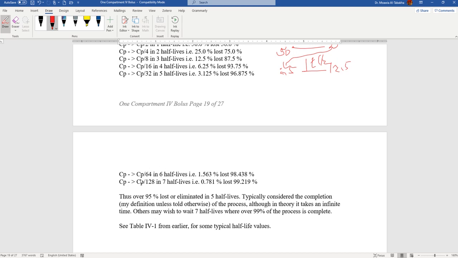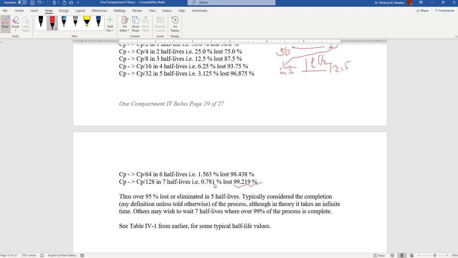If you go to 7 half-lives, see how much will be lost: 99.219%. Actually you will never reach exactly 100, and the remaining will never be exactly 0. This is the property of first order kinetics, that theoretically you never reach exactly 0.